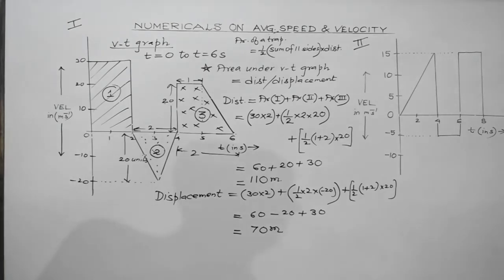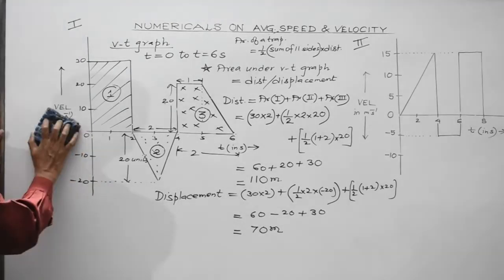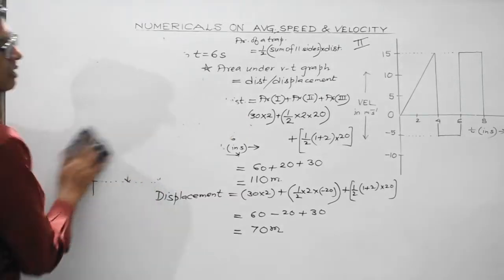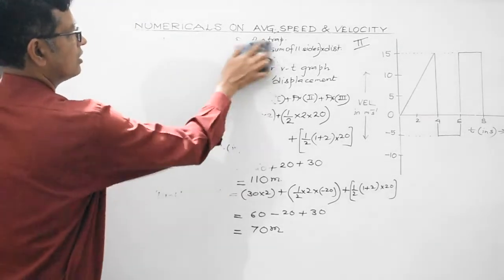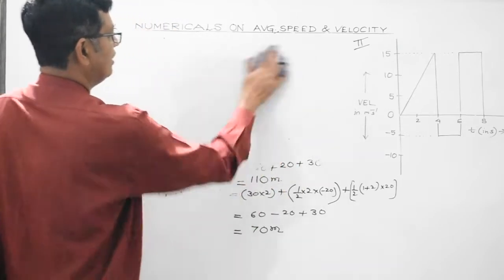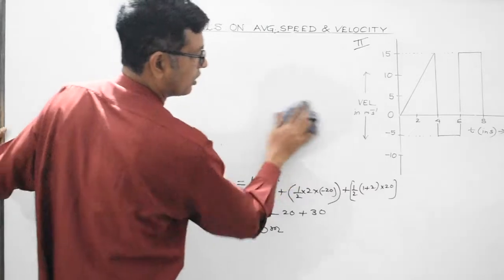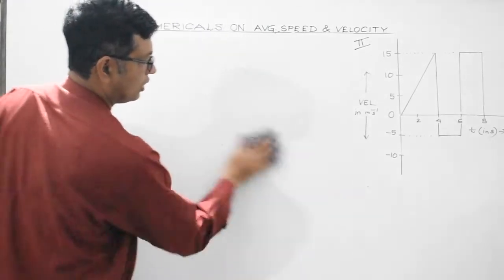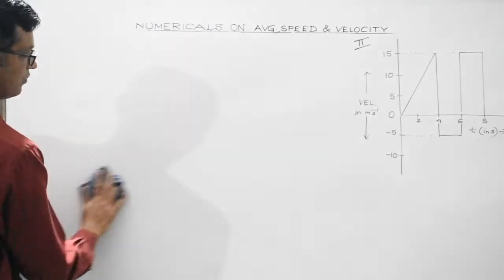That is also a VT graph given. And we are supposed to find out the distance and the displacement covered by the body during the time interval t equals to 0 to t equals to 8 seconds.